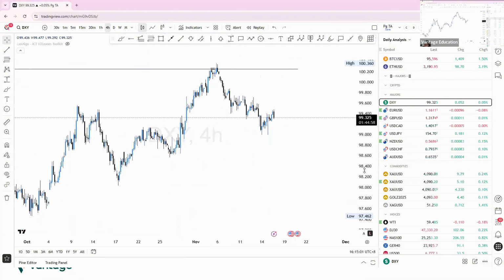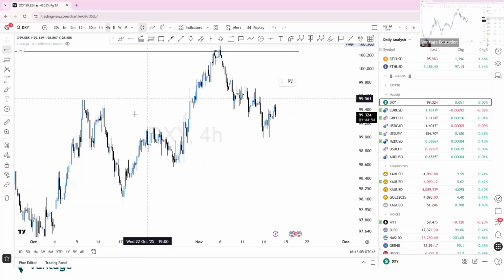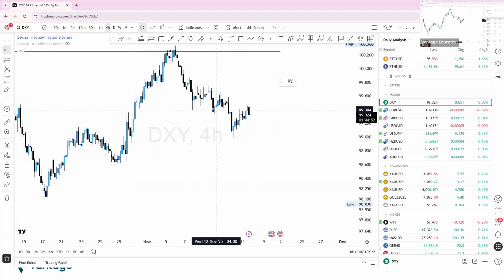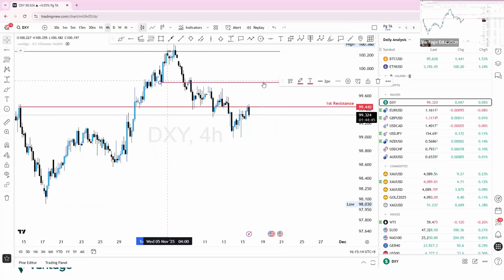So now let's look for the key level on DXY. DXY right now, I would say in H4 is respecting the resistance level. First resistance here, second resistance is here.